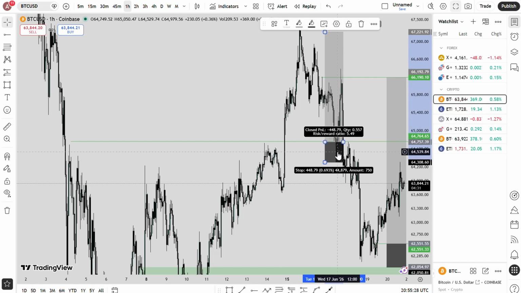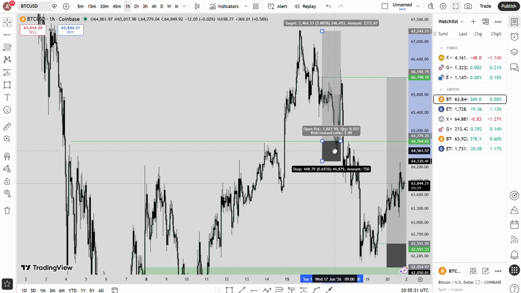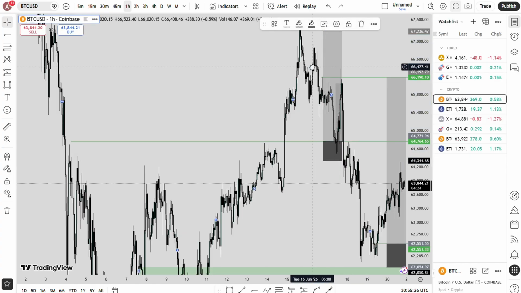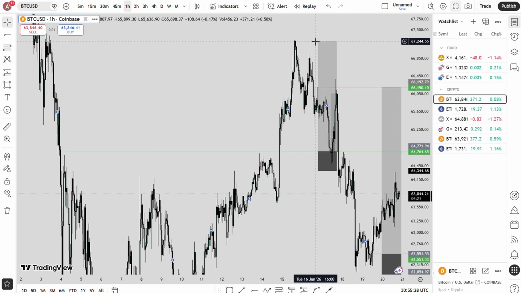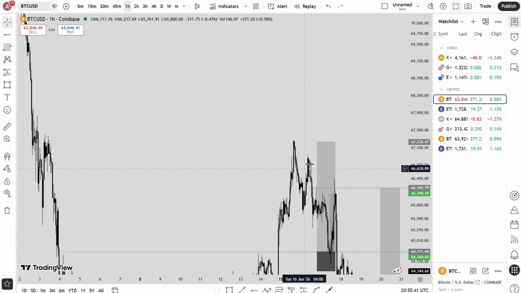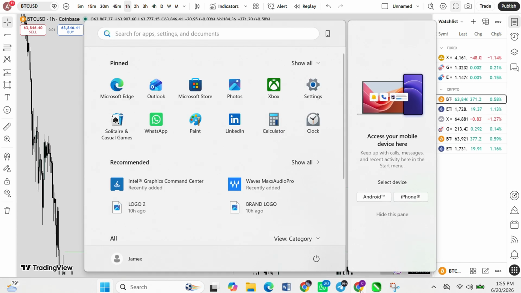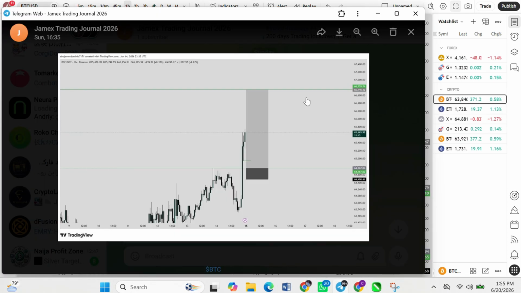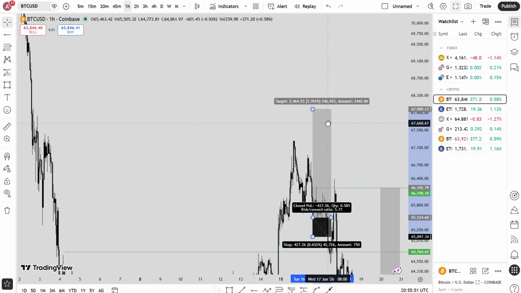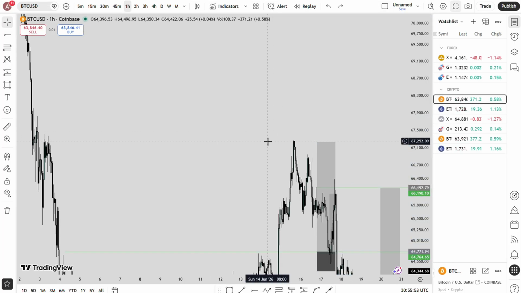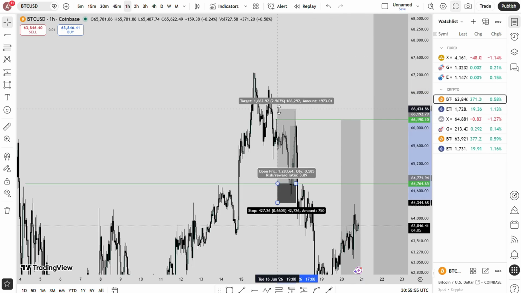So I think the trade came on Wednesday. I closed it because price was just moving upward, but I think it came and it bought, but it's still down. I think I was targeting the other high down there. But I closed it because I was tired of waiting for it.